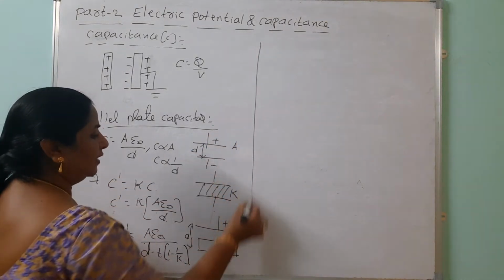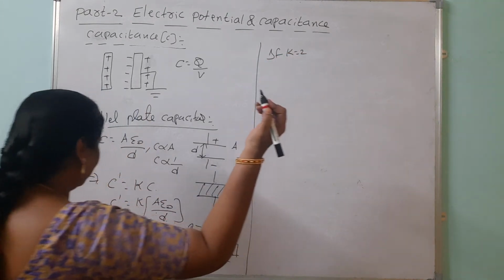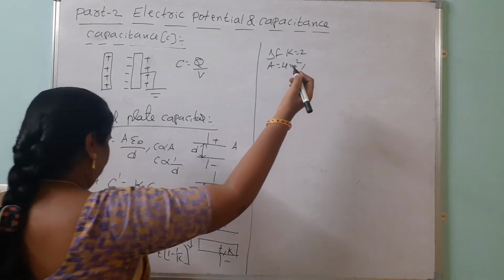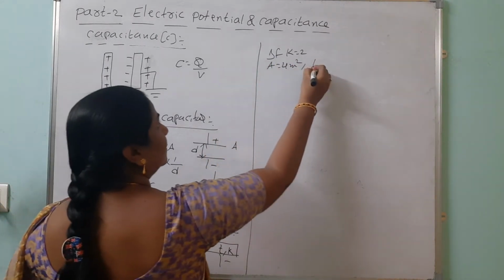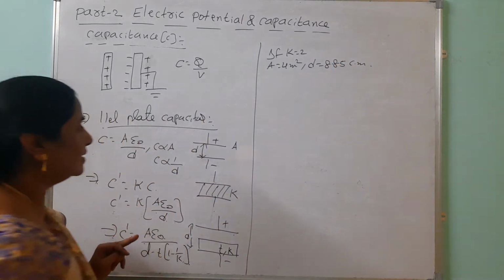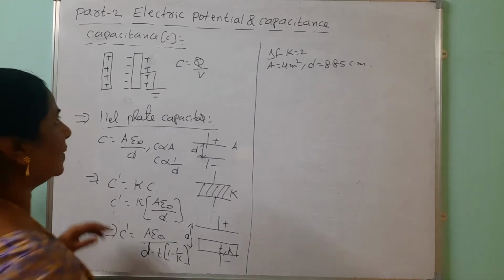One problem we are also doing here. If K equals 2, no unit because it is a constant. A is 4 meters square. Then D is 8.85 centimeters. Then how to find the capacitance?